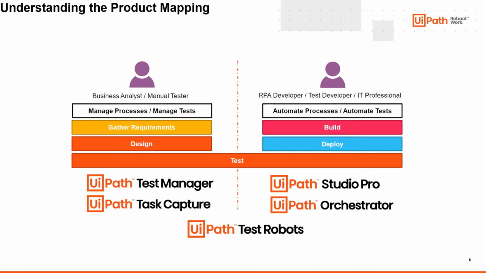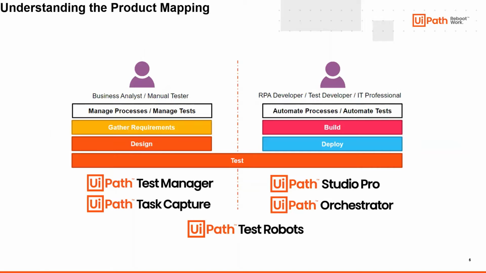RPA developer, test developer, or IT professionals, right? They are basically automating their IT tasks or automating the processes or test cases, right? Their tasks are to build the automation and then deploy the automation where it is necessary. But across both the user groups or both the roles, there is a necessity of testing it.